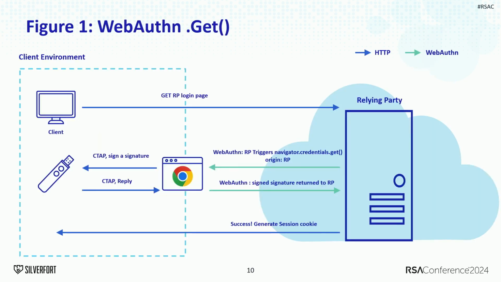So let's see how this sign-in looks. There are two protocols here. There's the HTTP protocol and there is the WebAuthn. The first thing that the user requests is the login page. And then in the WebAuthn, we can see that the relying party actually triggers the browser and not the other way around.